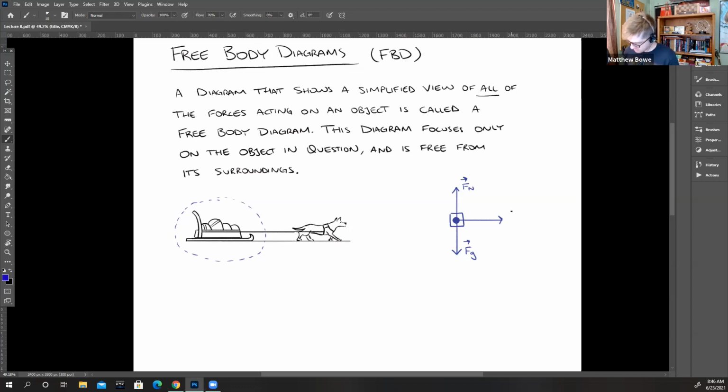We don't quite know. So I'm just going to say that's the force supplied by the dog, D. So F sub D. And it has a specific direction. And let's say there's no ice. I'm sorry. Let's say there's no friction. So this is on ice. So there's no friction countering, going to the left.